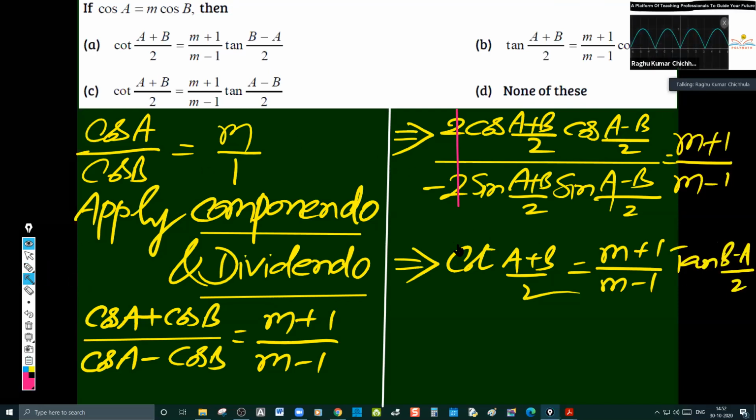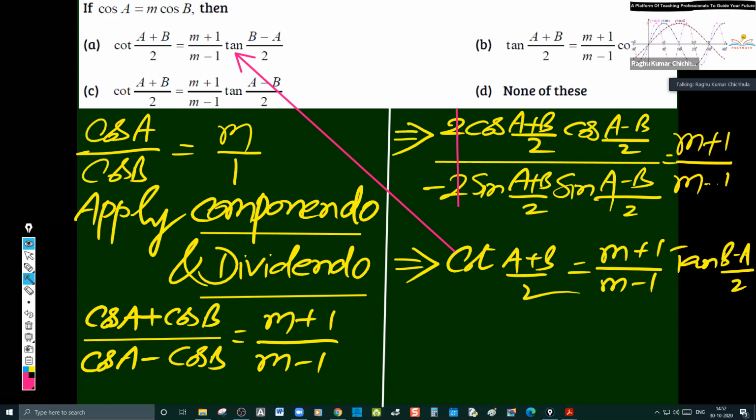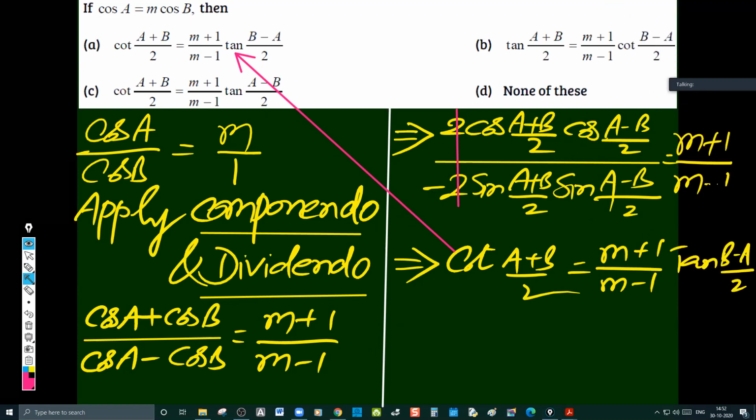Now my question to you both. Here we have, of course, converted it as a sine of B minus A by 2 by sending this minus inside. But what about cos? Cos is in the form of A minus B by 2 now. Then how can we write this as cos of B minus A by 2? Any one of you, please.